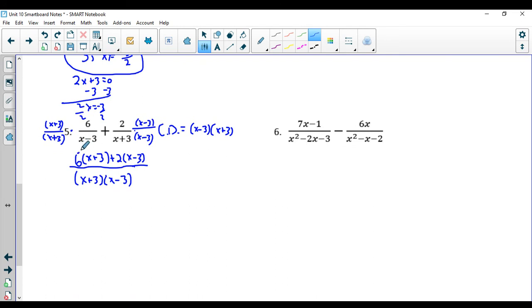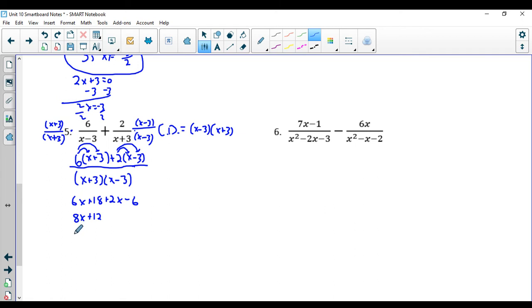So I have to distribute the 6 through and distribute the 2 through. So I have 6x plus 18 plus 2x minus 6. Going to combine like terms. 6x plus 2x is 8x. 18 minus 6 is 12. And then we want to look to factor. When I look to factor here, first thing I look for is a GCF.